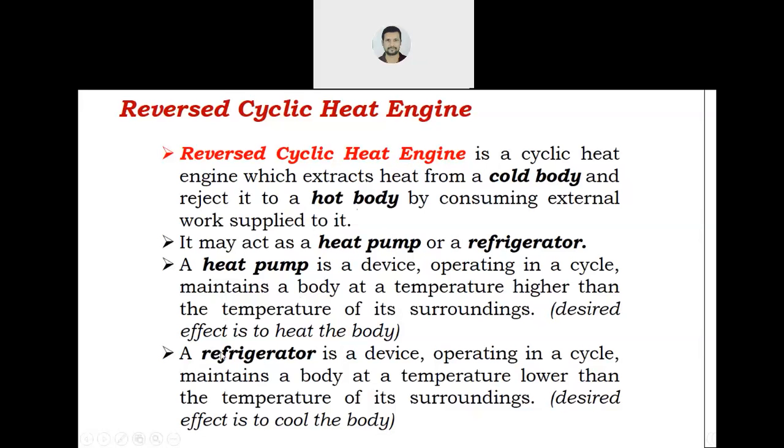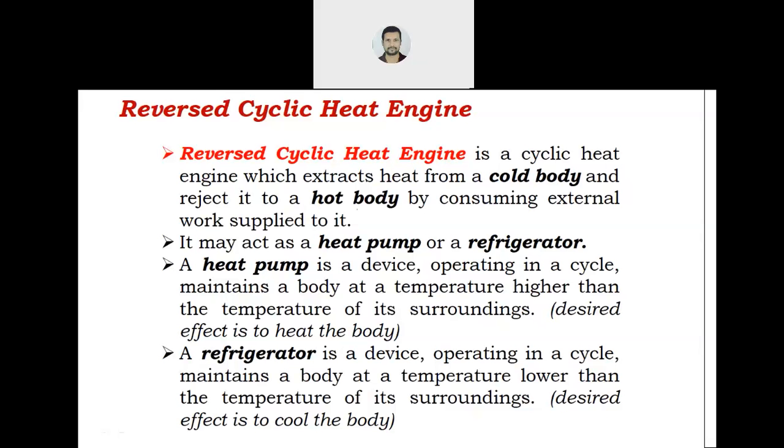Now what is a heat pump and what is a refrigerator? A heat pump is a device operating in a cycle that maintains a body at a higher temperature than the temperature of the surroundings. It takes heat from the surroundings and throws it to the body, increasing the temperature of the body.